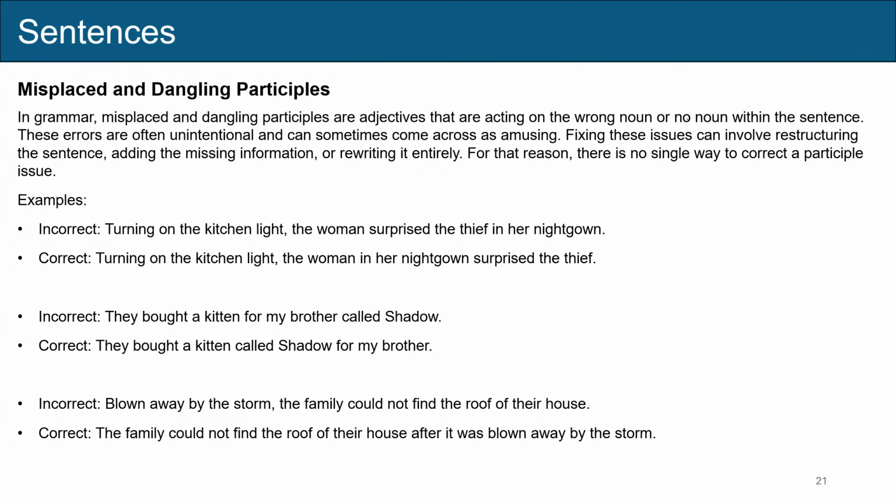Now, participles can also have challenges if they are misplaced or what are called dangling. This is where we have descriptions or extra information, or even sometimes the verb itself, where it's not clearly connected to what it is trying to modify or describe or explain.